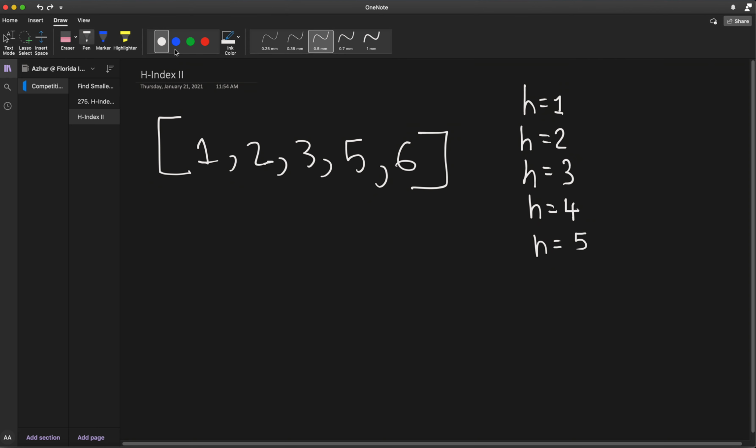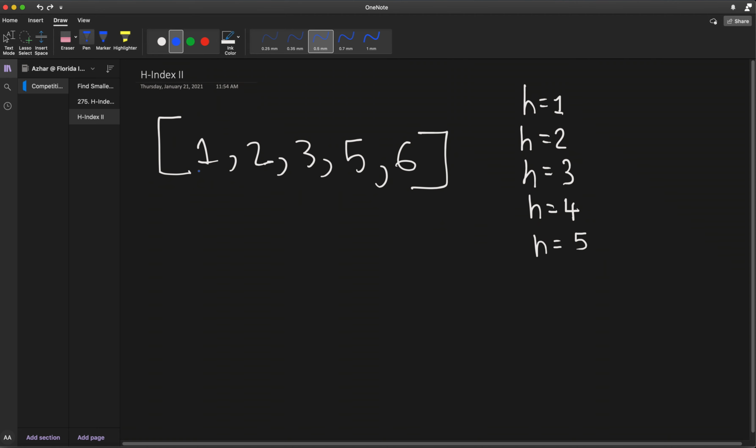So let's go for our first one. There must be at least one value that is greater than or equal to 1.